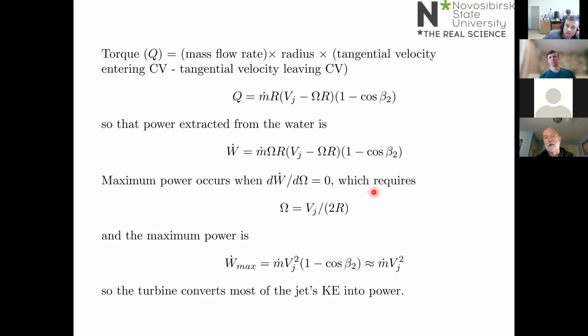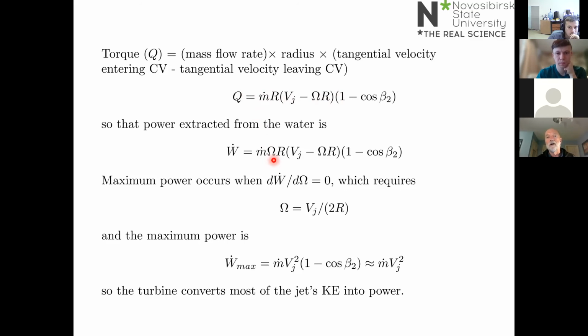As we go down through here, I will assume beta 2 has a value of pi, or 180 degrees. I'm going to explain where this velocity comes from in the next lecture. But if you can accept, what I forgot to put on the notes, that the mass flow rate is the density rho times the volume flow rate Q, this is the expression for the torque that is generated about the axis of rotation.